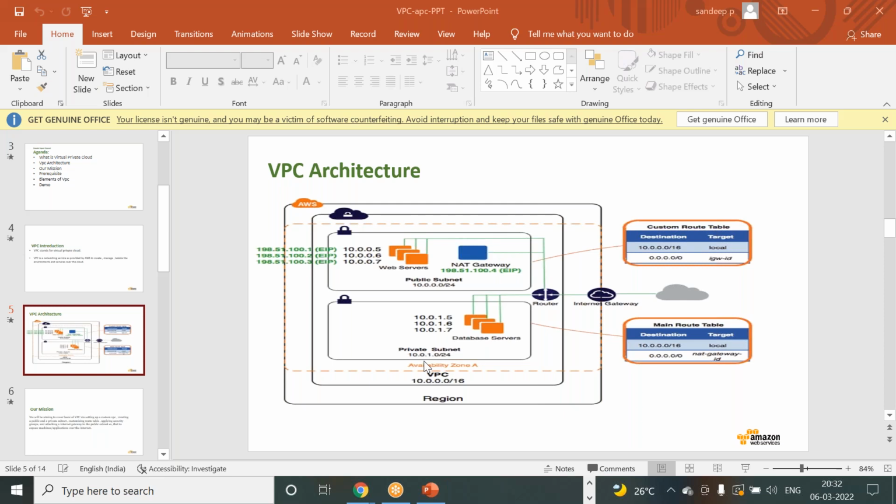Does next week continue with the same timings? The same timings, 7:30. From 7:30 onwards it will be from VPC onwards. Maybe it would require 2 hours or 1.5 hours, I'm not sure. It depends on the project we're discussing, and the time will increase.